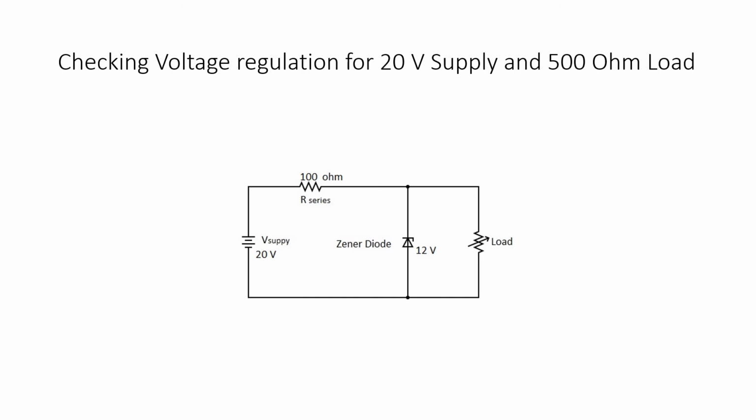So we have a 500 ohm load. How are we going to check? We're going to remove the Zener diode and check for the voltage across the load. So VRL is equal to the V supply multiplied by RL divided by R supply plus RL.